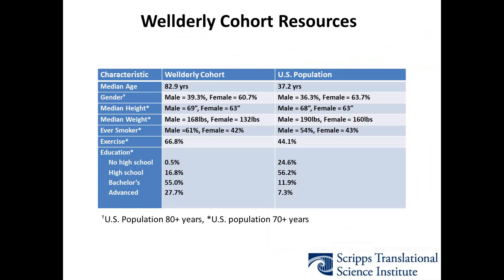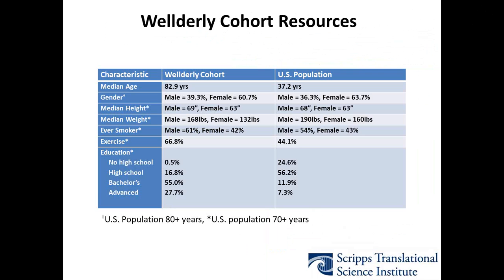Their median age is 82.9 versus 37.2 years in the U.S. population. The other comparisons that I'll make are to the U.S. population that's 80 plus or 70 plus years old, depending on what data was available.